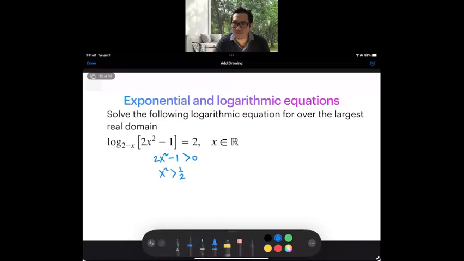So x squared should be greater than 1/2. And the 2 minus x is 1, 2. We are going to take it into positive 2. Okay. So this will be that or that.